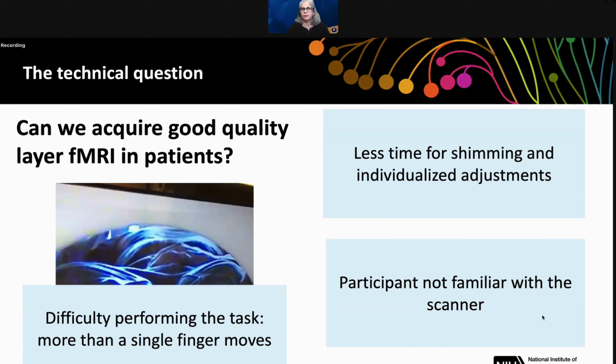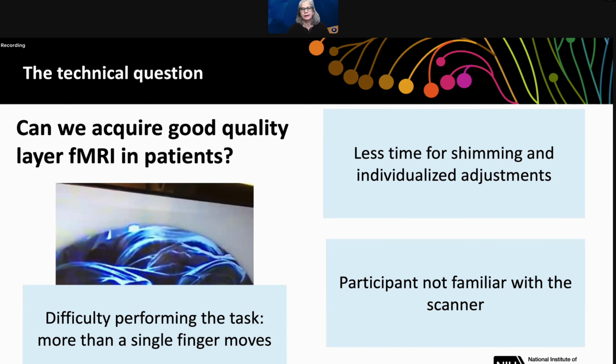Another problem is that when we run studies or try to optimize a technique, we have semi-professional healthy volunteers, people that are commonly in the scanner, that are familiar with the scanning and can stay more or less still. We don't have that much time with a patient in terms of adjusting parameters in the scanner.